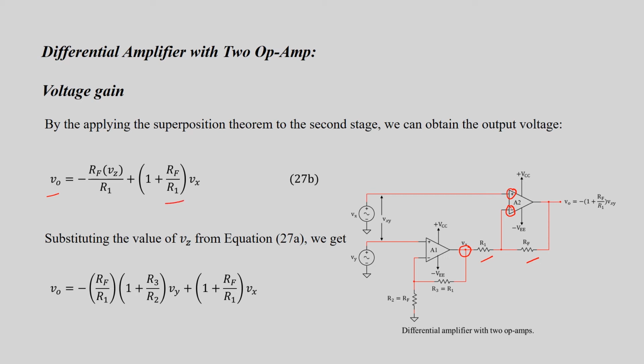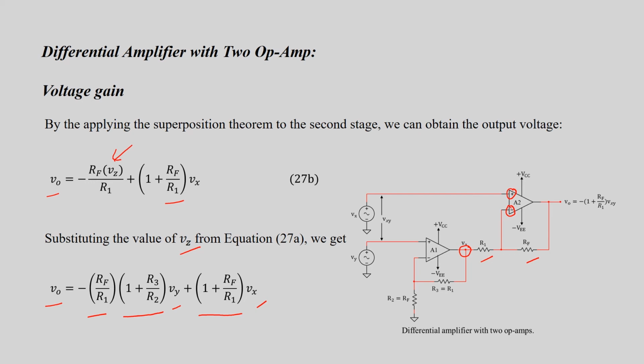Now we need to substitute the value of Vz from the above equation, and we get V naught equal to minus RF by R1 into 1 plus R3 by R2 into Vy, plus 1 plus RF by R1 into Vx.